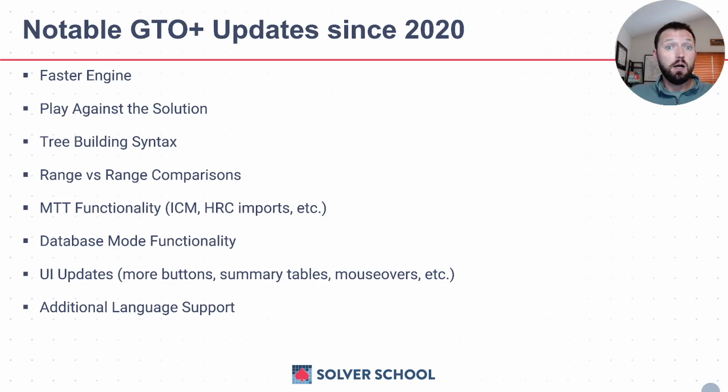They've added some database mode functionality, so you have a little bit more options to work with within your databases. There's a variety of UI updates, whether it be different buttons, summary tables, mouse overs. The software already was easy to use, and they've made it a little bit easier. And then there's just additional language support, which I'll touch on as well.